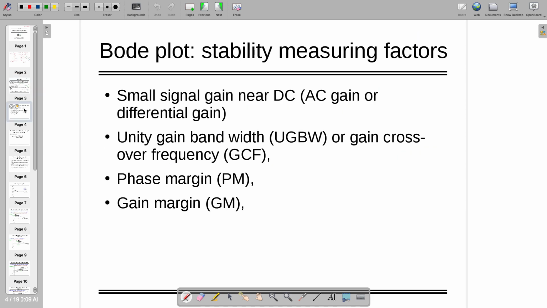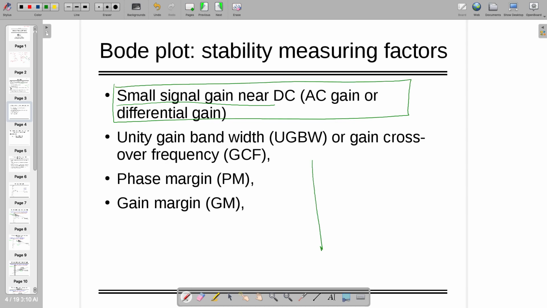Let's redefine all the stability measuring factors, such as small signal gain. Everybody knows what is a small signal gain. Small signal gain, DC gain, AC gain, or differential gain, all are the same, all are synonyms. Any one of the names you are calling, all are the same.